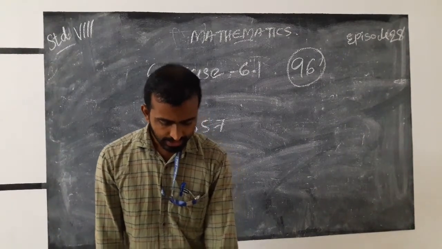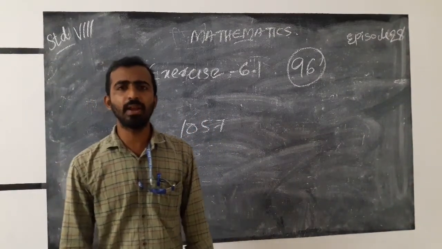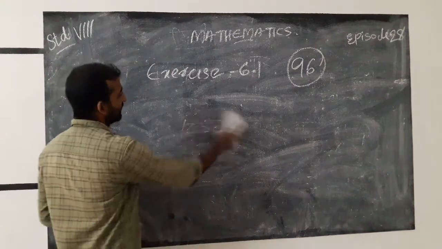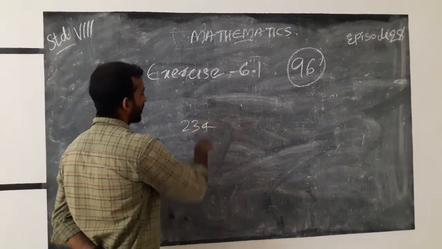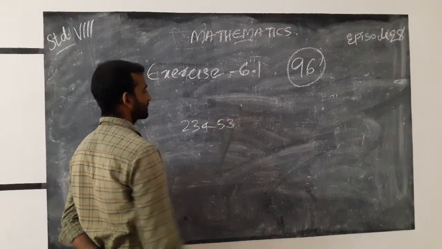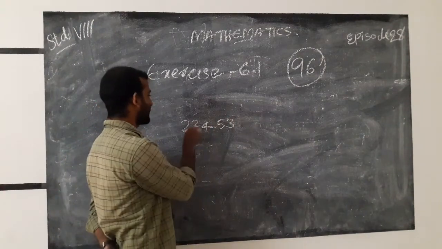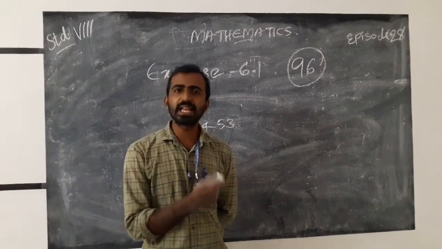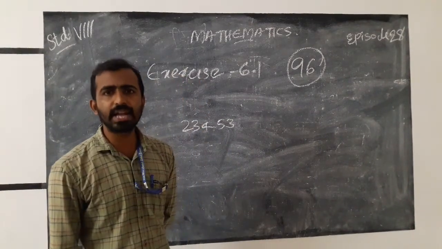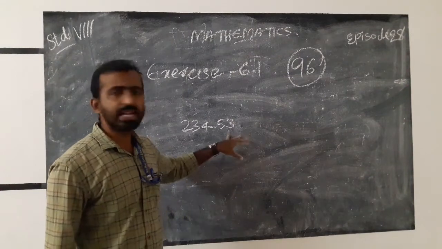And the next one is 23,453. When we see the unit place of this number, it is 3.